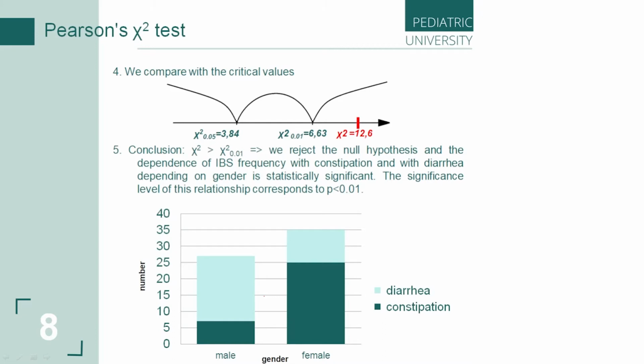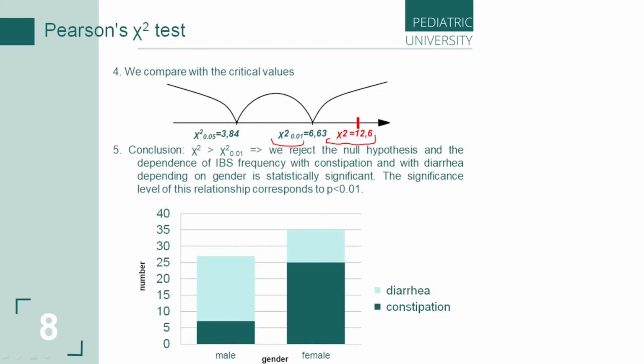So let's look for our critical value for our number of degrees of freedom. We see that our control value, 12.6, is more than the critical value for the significance level 0.01.